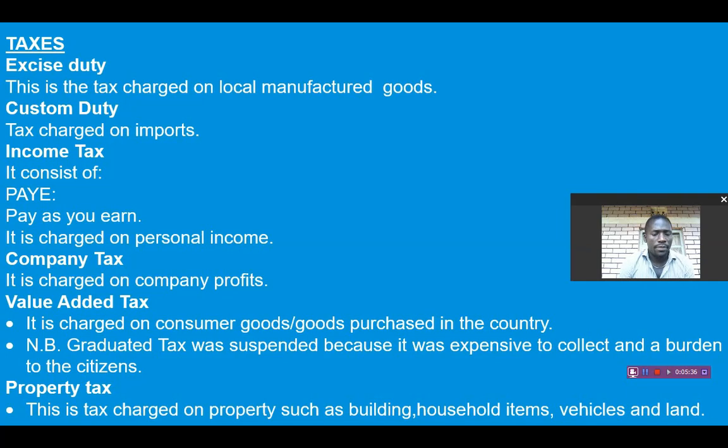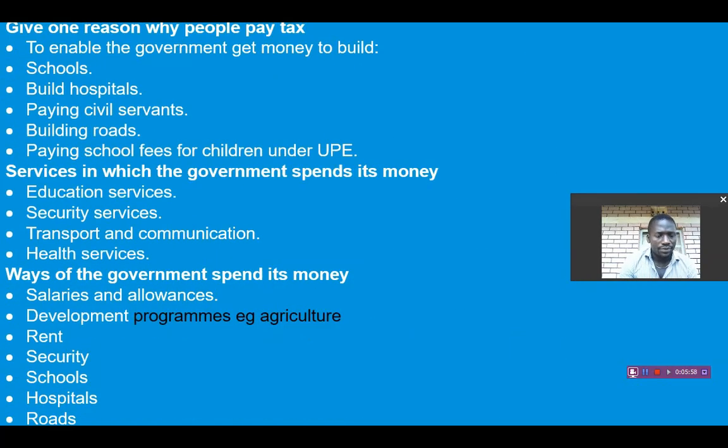If you have a car on the road, you are supposed to pay a license because that car makes money for you. If you have land, you are also supposed to pay tax to the government so that the government can run its work very well.